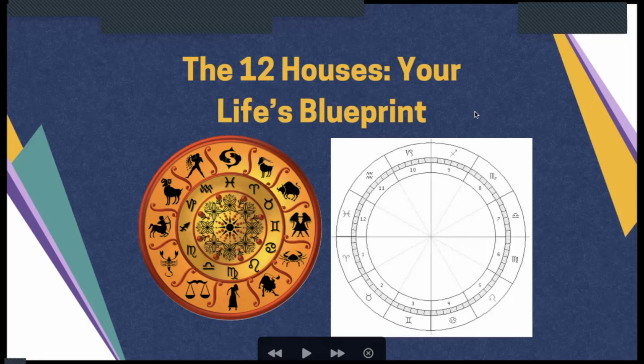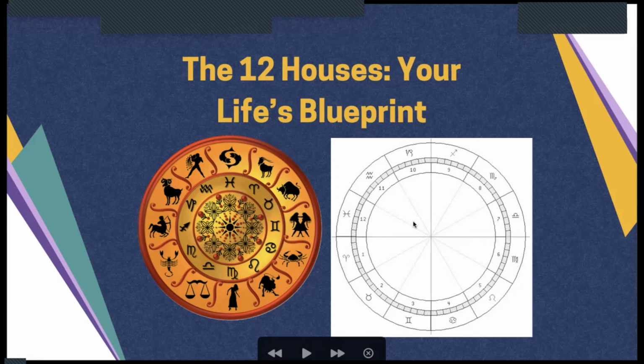Okay, now we are going to move on to a little illustration I have here for you. Just as a reminder, these are the houses. You have your first house, second house, third house, all the way to your 12th house. You can just use this as a little cheat sheet.